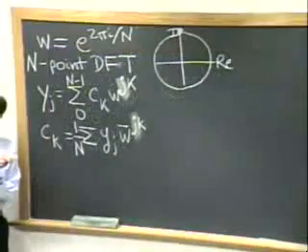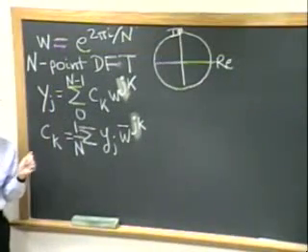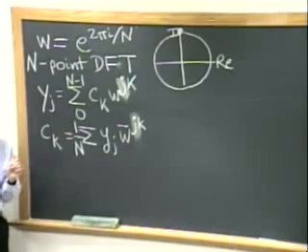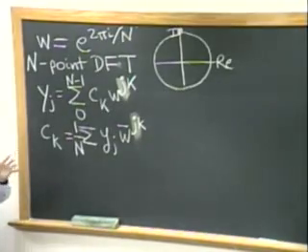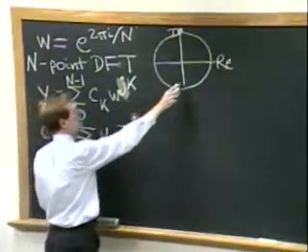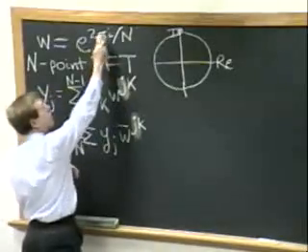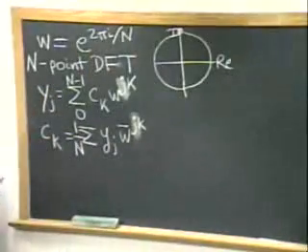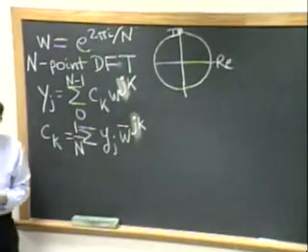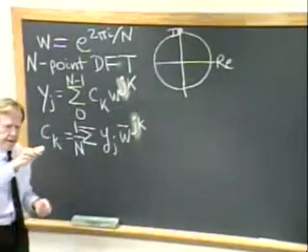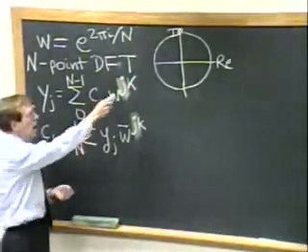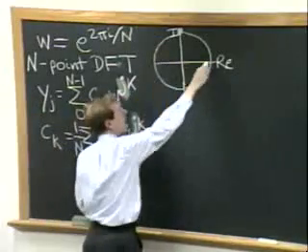Is it on the circle? Yes. Everything of modulus 1, of magnitude 1 is on the circle. This is an e to the I theta. So theta, the angle, is 2 pi over n. So where does that go? 1/nth. I mean, the whole angle is 2 pi.